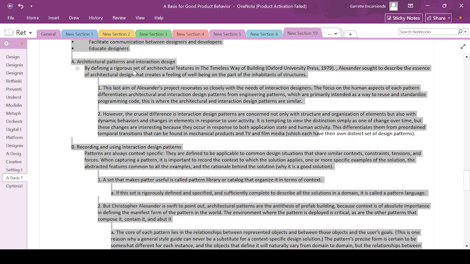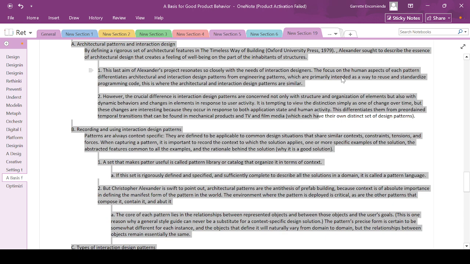Architectural patterns and interaction design. By defining a rigorous set of architectural features in The Timeless Way of Building, Oxford, 1979, Alexander sought to describe the essence of architectural design that creates a feeling of well-being on the part of the inhabitants of the structure.